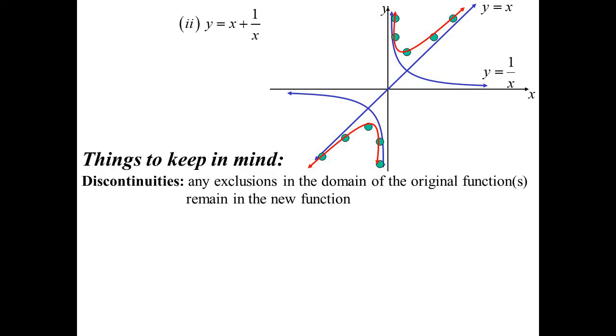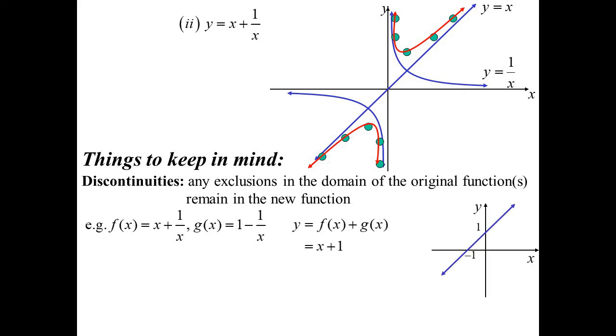Okay, things to keep in mind then when we're adding. Discontinuities. In either function, if there is a discontinuity in the domain, it will remain. It can't magically appear when you add it to something else. That makes this quite interesting if I add these two things together. So I've got x plus 1 on x, but I've also got 1 minus 1 on x. Now we add them together, we get y equals x plus 1.